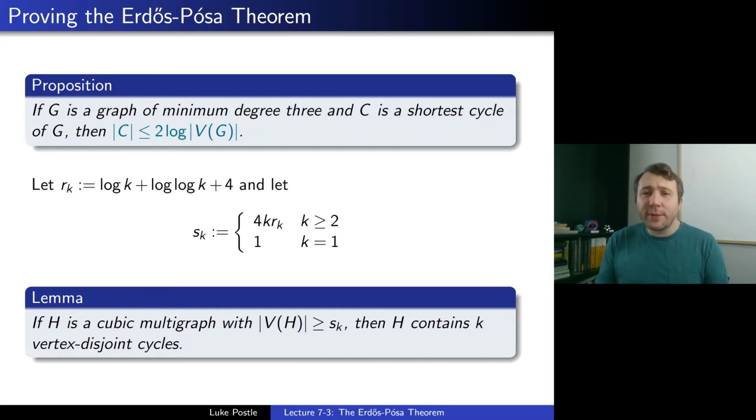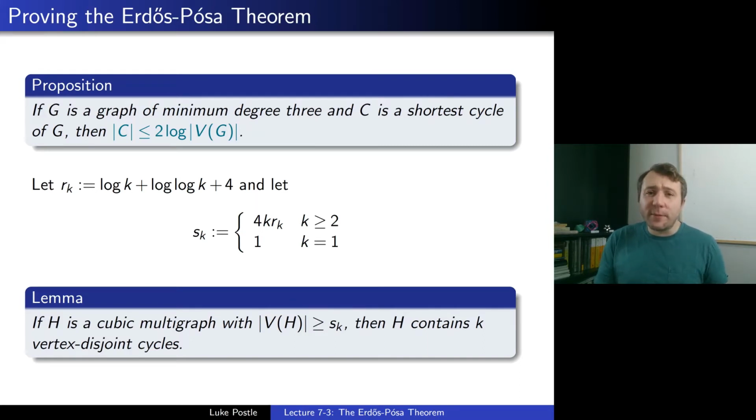So why is this good? Well, of course it would tell you that if we were a cubic graph, kind of the cubic version of Erdős–Pósa, then we would just be done from this lemma. But more than that, where's the multigraph coming in? Imagine we could find a subgraph that is a subdivision of a cubic graph.